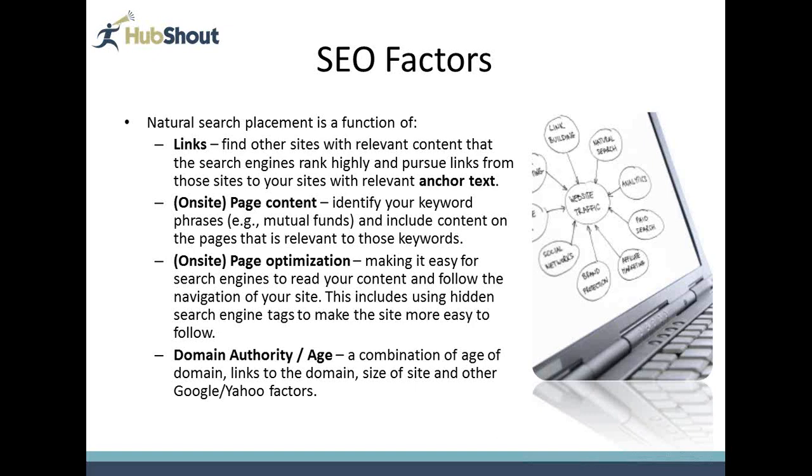There are some that are not as important as maybe they once were. Like people still ask us, do I need to have something in the keyword tag? And that's one of those tags that most search engines, I'd say all search engines, have not used for many years. So we don't really put anything in the keyword tag anymore because most search engines don't even use it, and at least all the ones that are important don't use it.